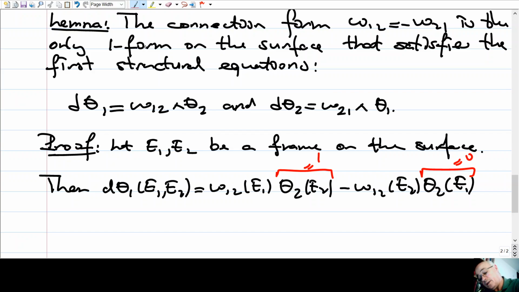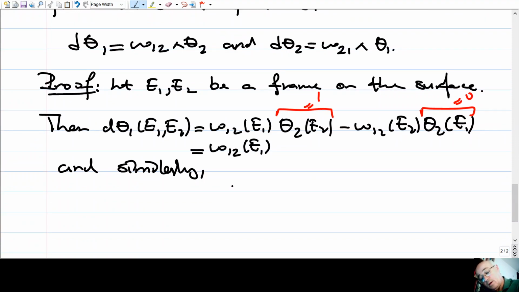So the result is just omega 1 2 of E1. And similarly, d theta 2 of E1, E2.